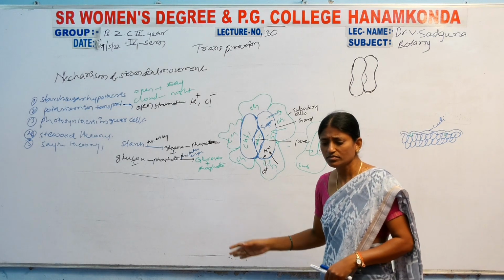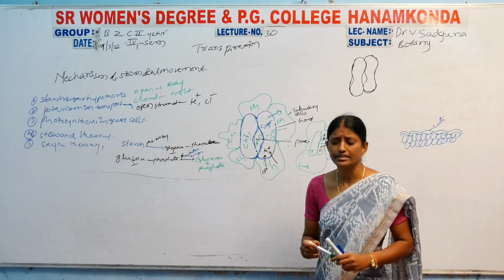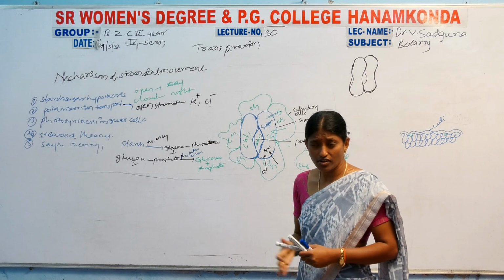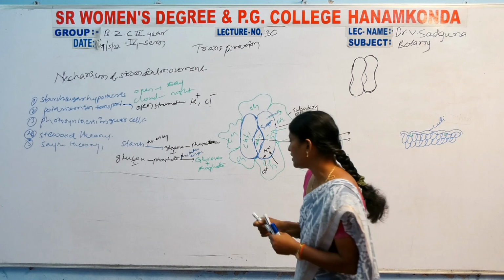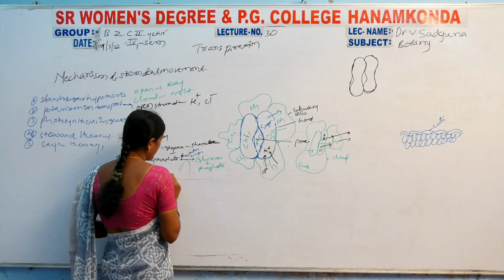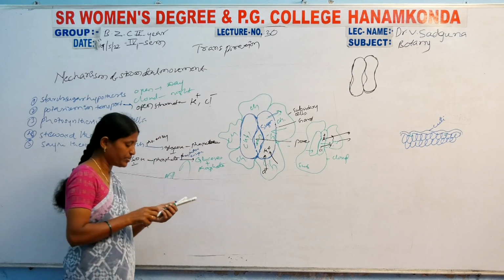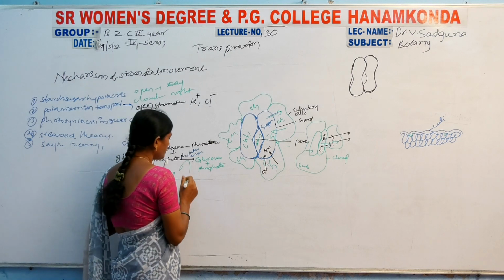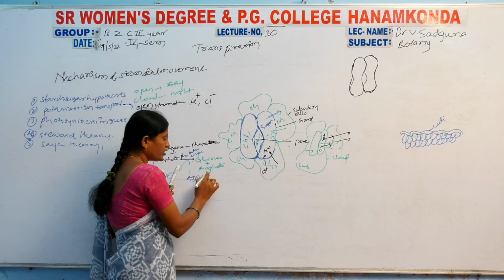Then this glucose plus phosphate, with the addition of phosphate, gives ATP. It is synthesized from ADP plus Pi, phosphate.